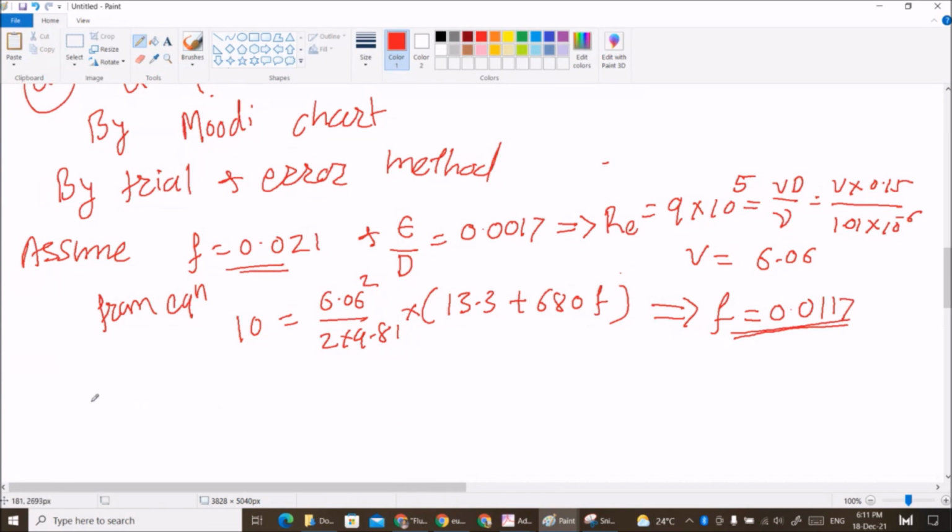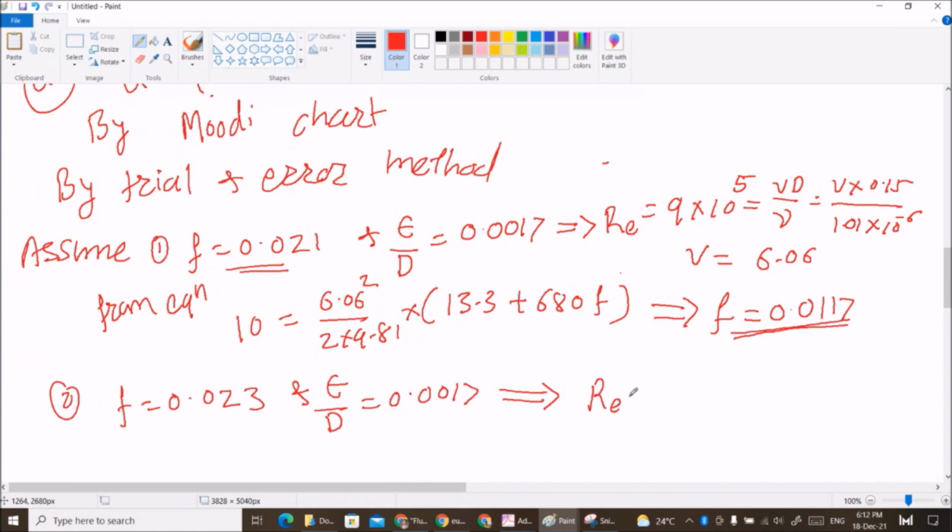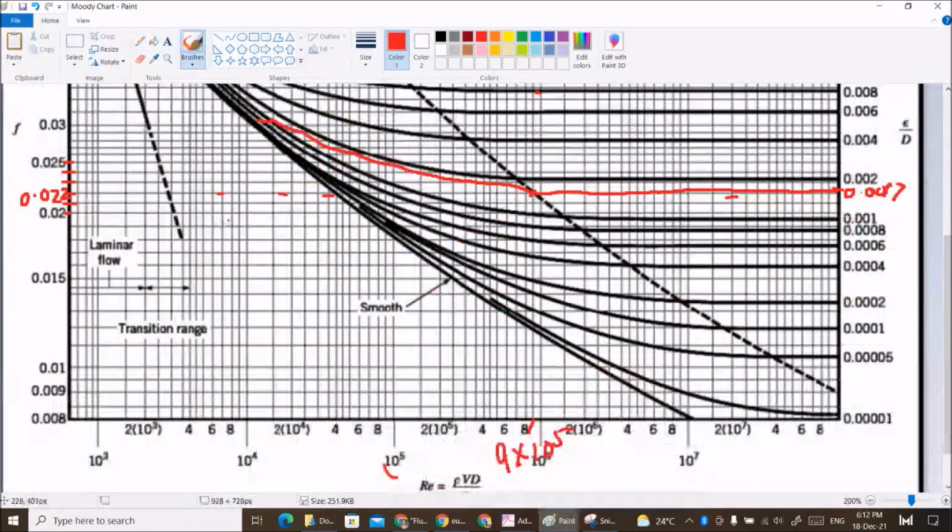Okay, then second assumption, assume number 2, f is equal to 0.023 and psi by d is equal to 0.0017. So this will give me Reynolds number from chart. So Reynolds number, you can see and go to the chart.